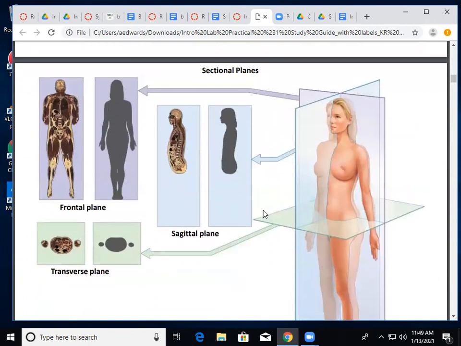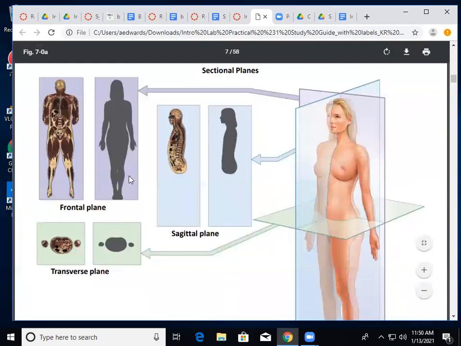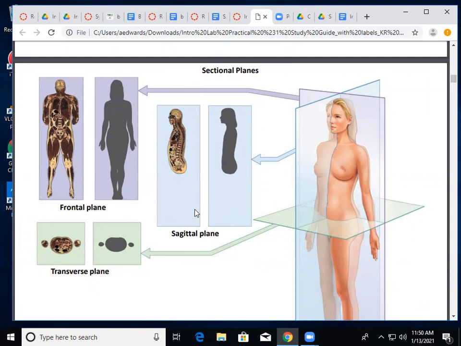So the next thing I want to cover is sectional planes. You ever seen someone get an X-ray or a CAT scan or CT scan, MRI? They're doing all these sections, right? So you can do sections in essentially 3 or 4 planes. If you're dividing the body into essentially a front and the back, or anterior and posterior, those are frontal planes.